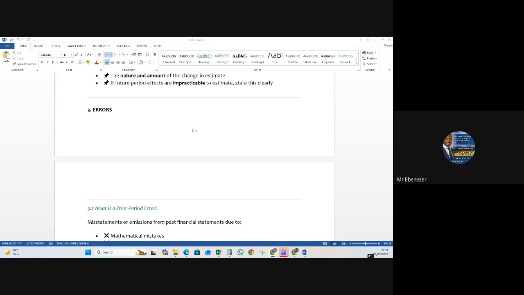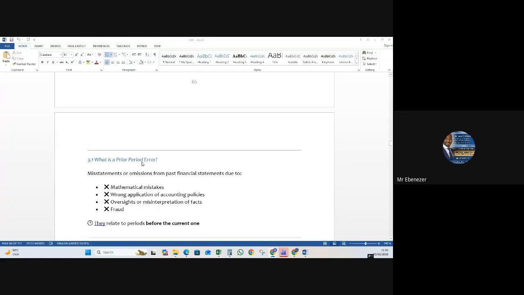Now we have prior error. A prior error is an error that occurred in prior financial statements, of the previous year or years. This error is an omission or a misstatement from past financial statements.